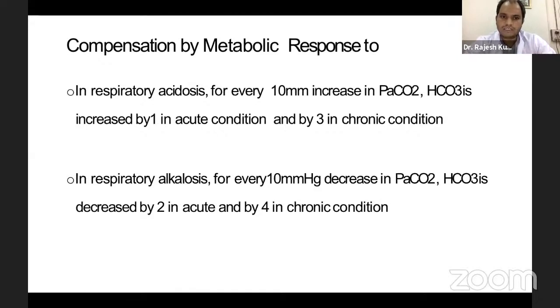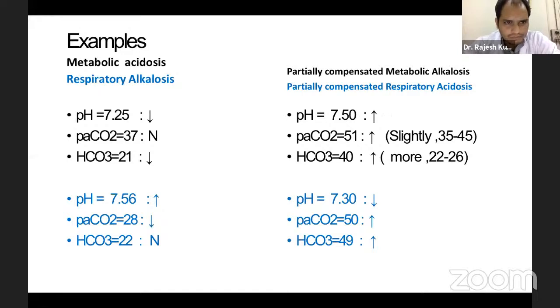Means acutely it is 1 time and in the chronic condition it is 3 times. In respiratory alkalosis, every 10 mm decrease in PaCO2 will decrease your bicarb by 2 in the acute stage, or by 4 in the chronic condition. See, these are the values and this is the data. You have to remember it on your own.